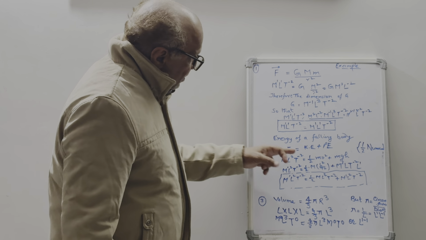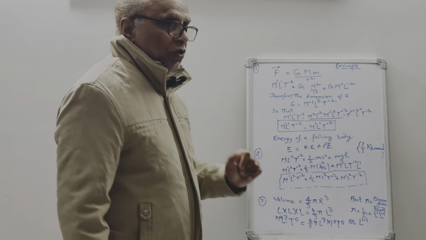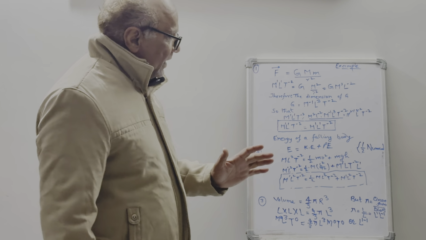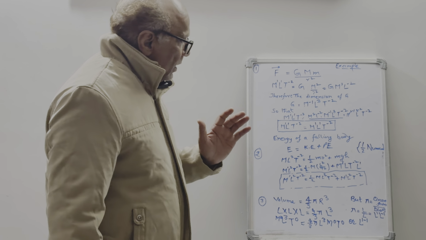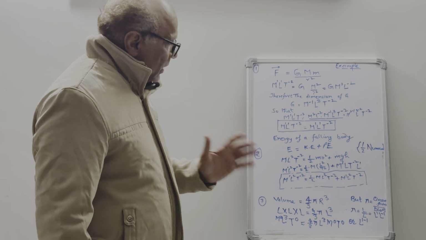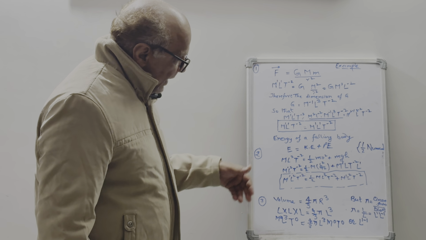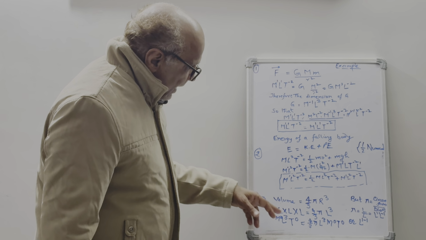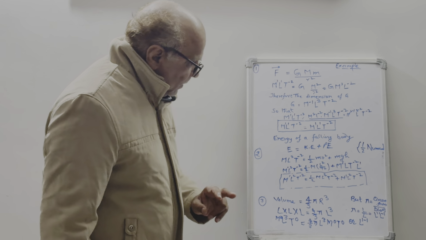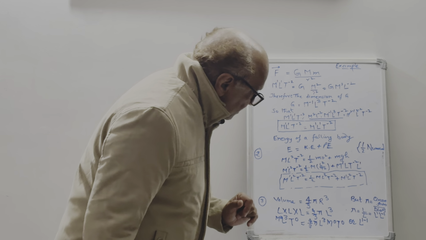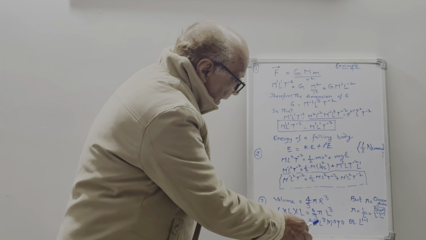Now, as far as half is concerned, half is a numeral and it has no physical dimension. It neither has length nor mass nor time. The volume where we get the dimensions as L cube is equal to 4 by 3 pi L cube. Now in this case, pi is what?